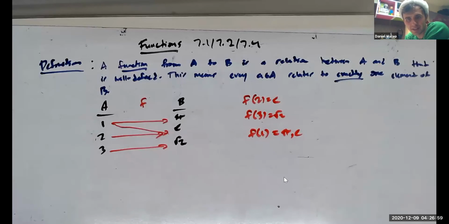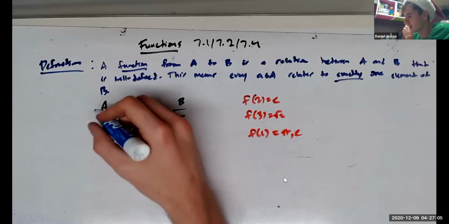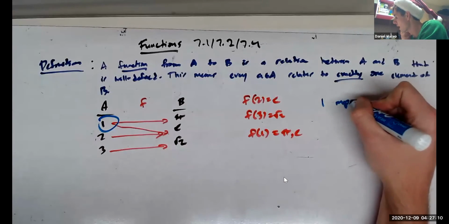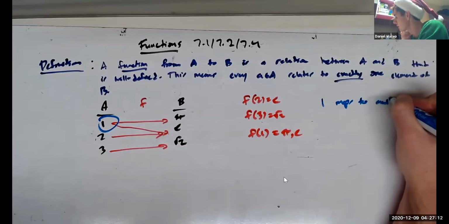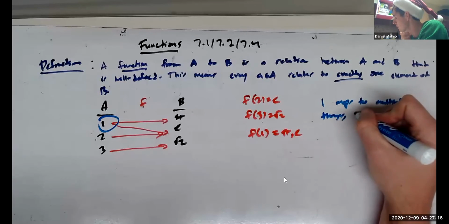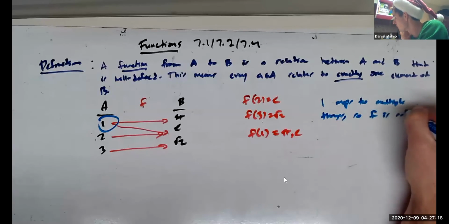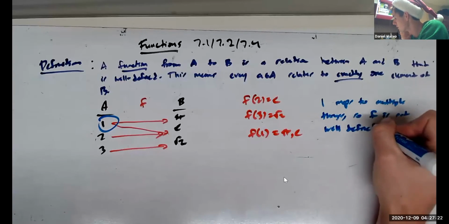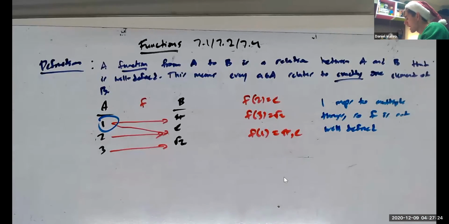We're getting a chat incoming. Patrick says no, and I believe Patrick says no because of this right here. 1 maps to multiple things. So F is not well defined. And we say maps.